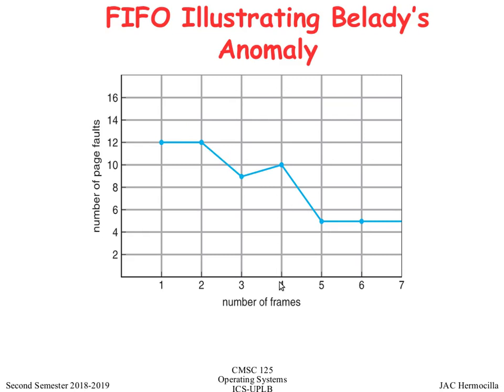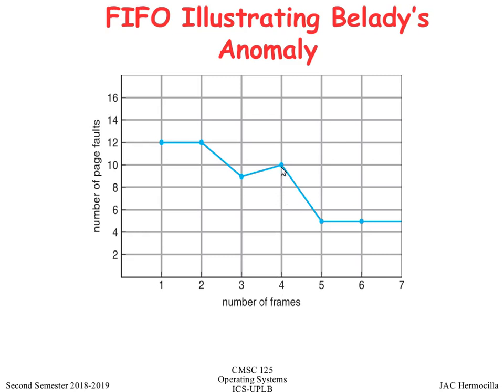However, at this point, if you have 4 frames, given the reference string, you'll get 10 page faults. Whereas supposedly, this is already 9, you're hoping that the number of page faults, since you have 4 frames, should be 8. However, using the first in first out, it suddenly increased.